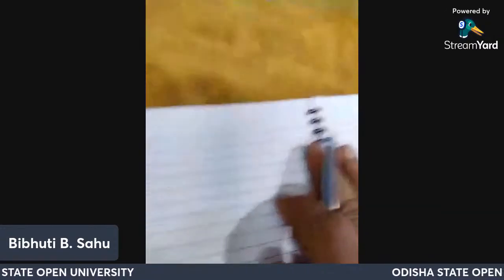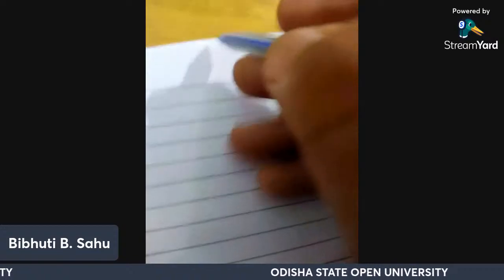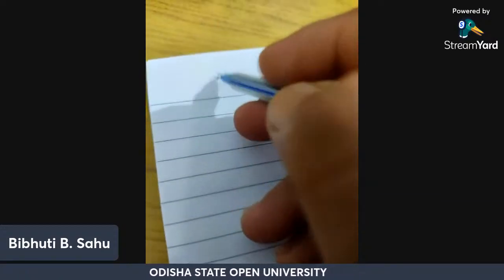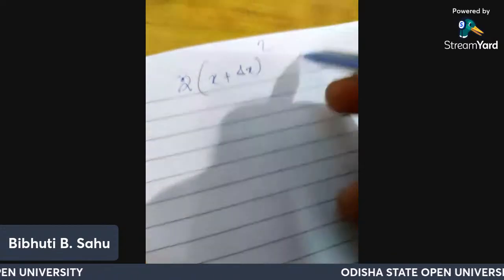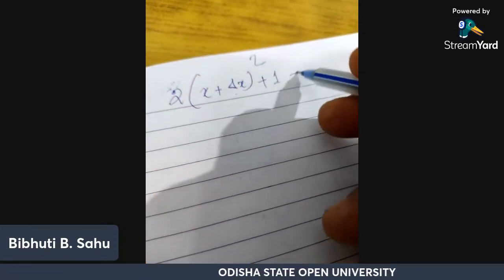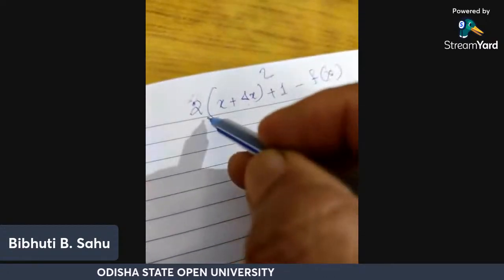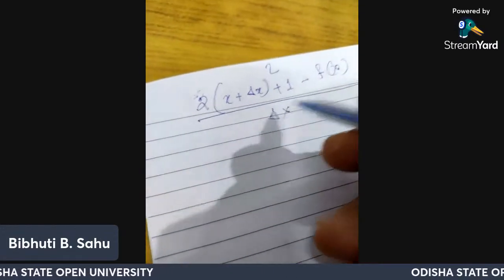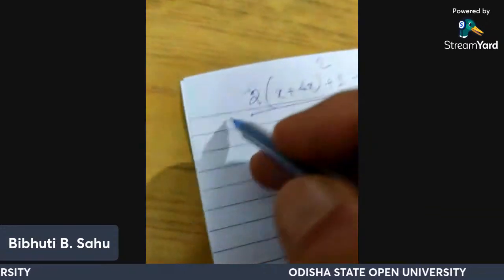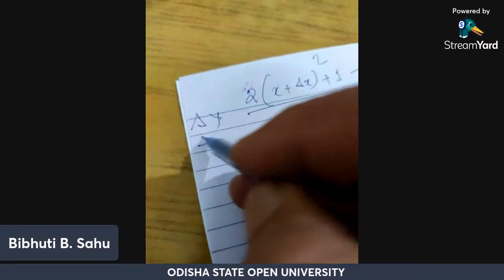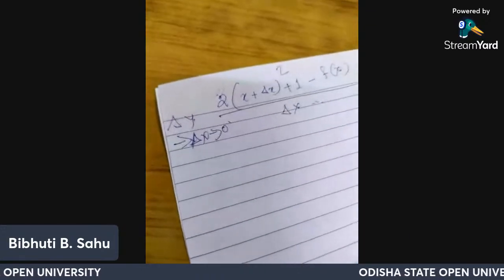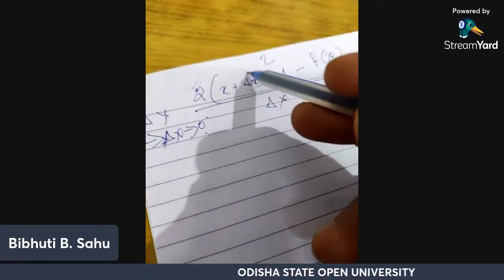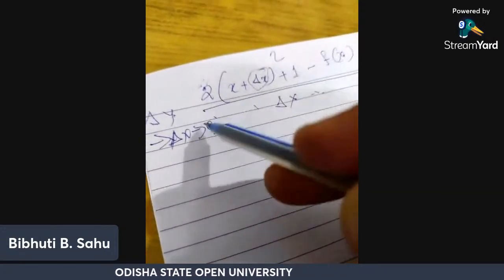So can we find out what the value is? In this example, it is (2 into (x plus delta x) square plus 1 minus f(x)) divided by delta x, or h, whatever you can write, delta y over delta x, where delta x tends to 0. That means when the change in the quantity of x tends to 0.